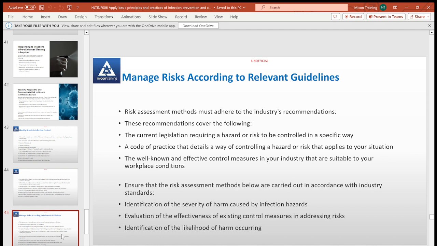So manage risk according to relevant guidelines. Risk assessment methods must be adhered to in all industry recommendations.